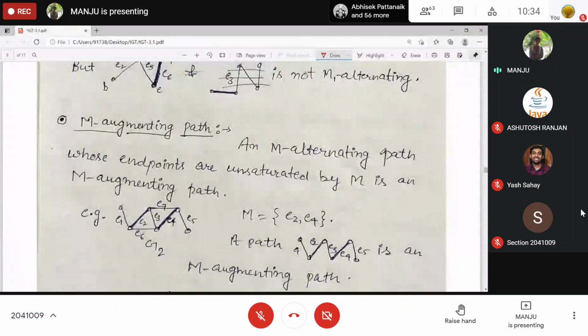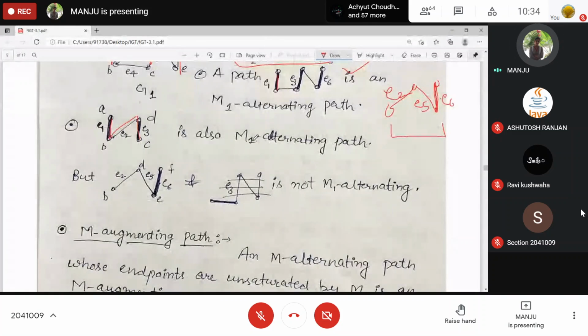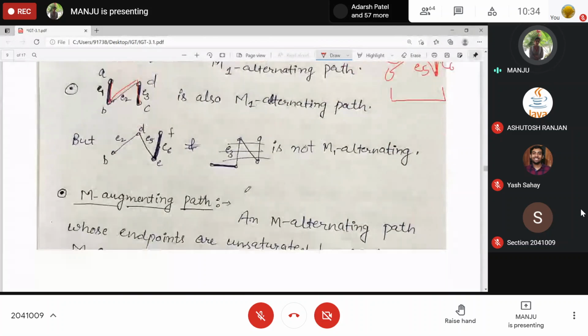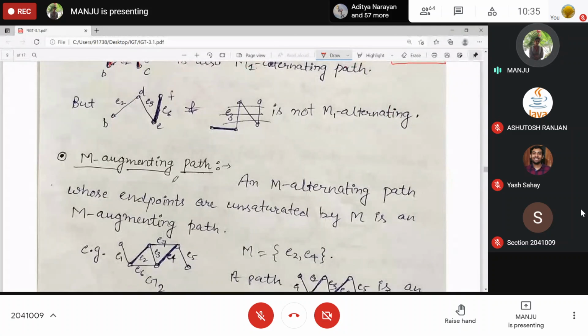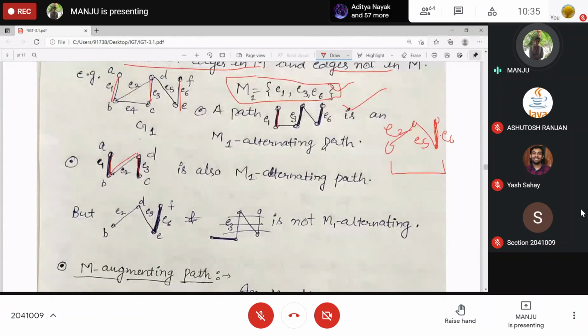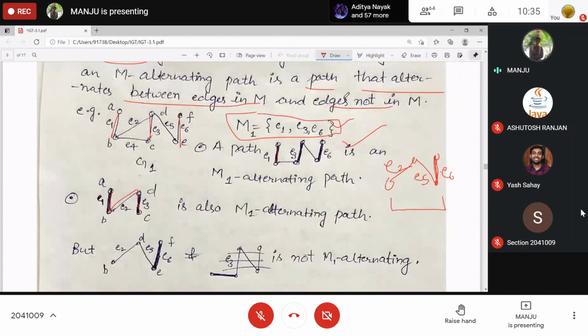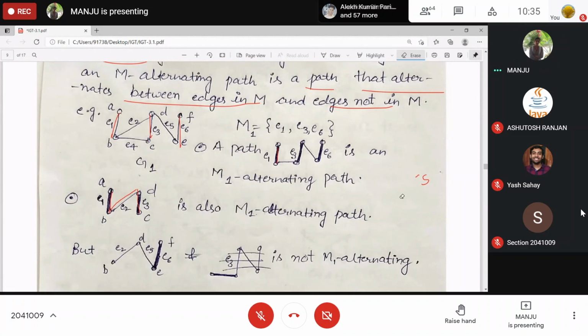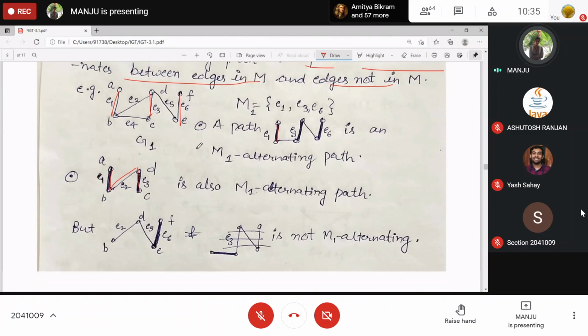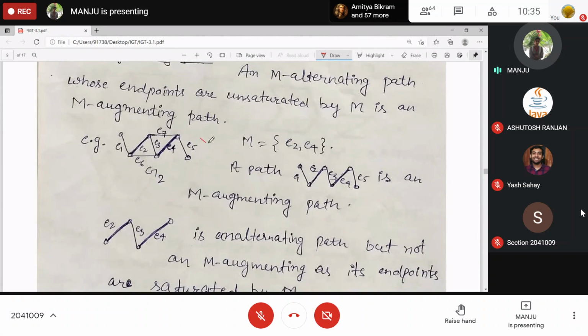Next one is the M augmenting path. An M augmenting path will first be an M alternating path whose endpoints are saturated by M. No wait, whose endpoints are unsaturated by M. In this graph, M is given as E2 and E4.